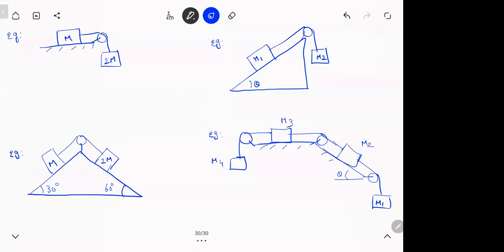There are four systems, so we need to find that. Can you see how much variety there is? So how to do this? Let me show you.